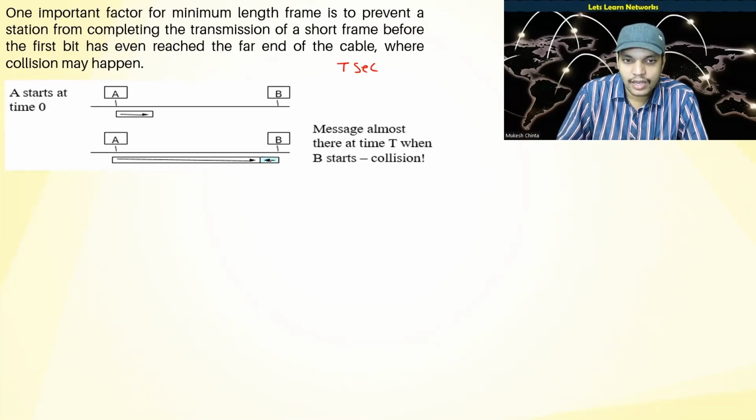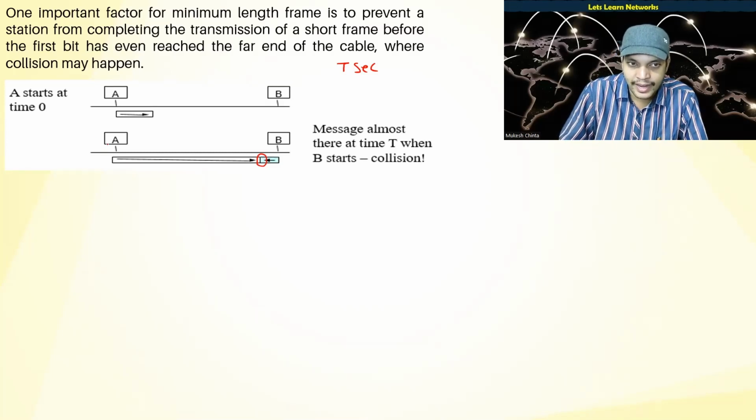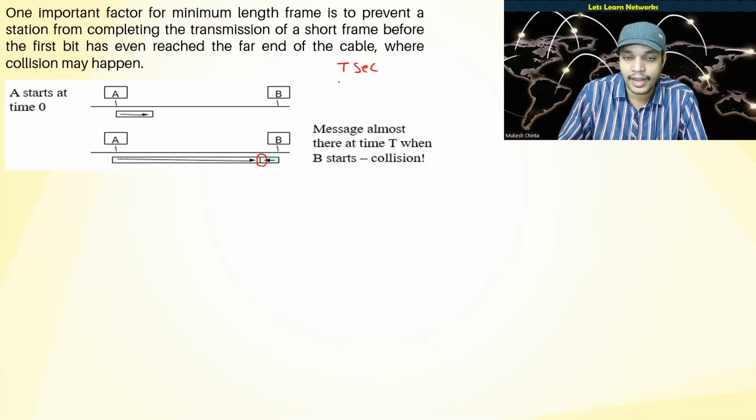And unfortunately, before this t seconds, B tried to sense the medium, and B assumed that the medium is idle and it has also started its transmission, which leads to a collision here. Now for A to detect this collision, A has to be active or A has to be listening to the medium for this collision to come back to A. So if this collision is to be heard by A, A has to remain active till 2t seconds, right?